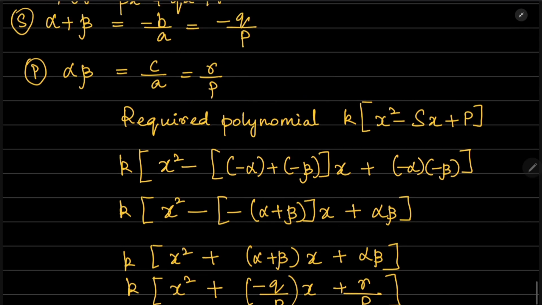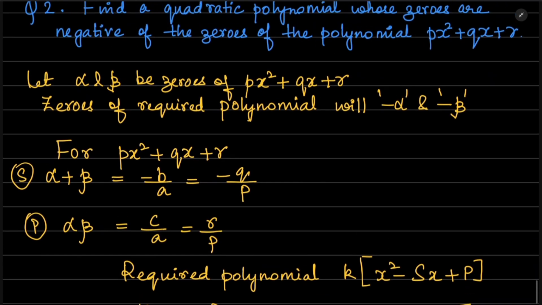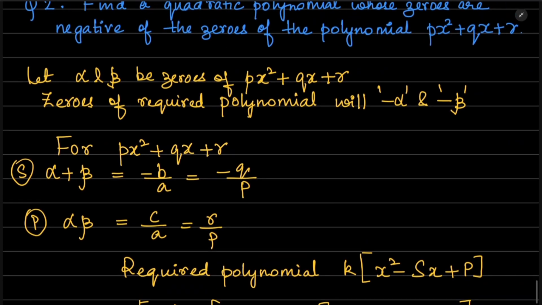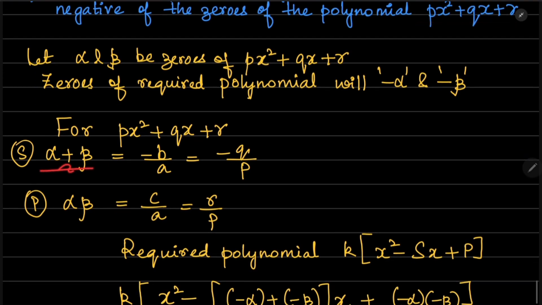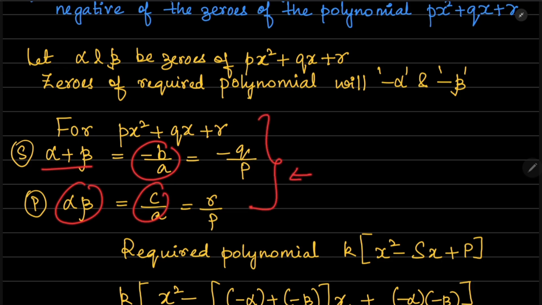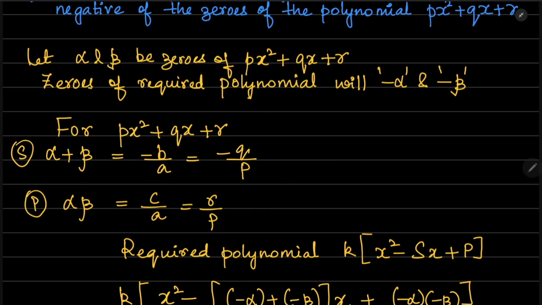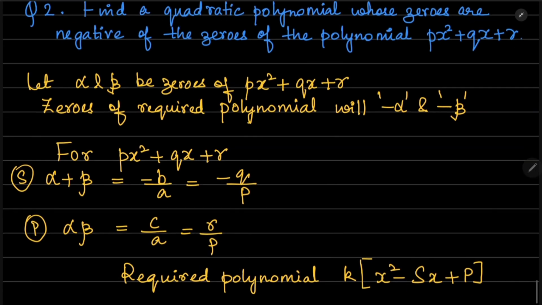So in the required polynomial, the zeros are negative of the zeros of the given polynomial. Is it clear? The minute you are given a polynomial, quickly find the sum and the product using alpha plus beta equal to minus b by a, alpha beta equal to c by a. This is for the given polynomial; keep these values separate. Now, what is the question asking?